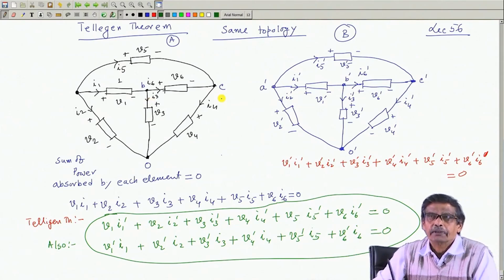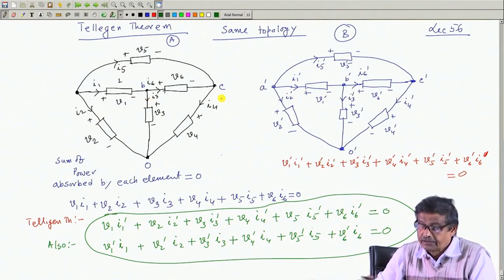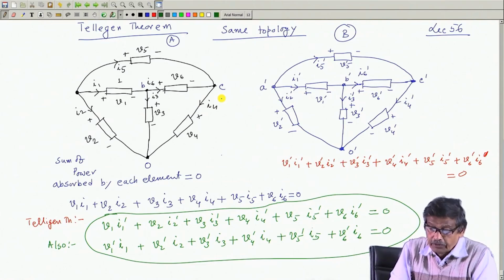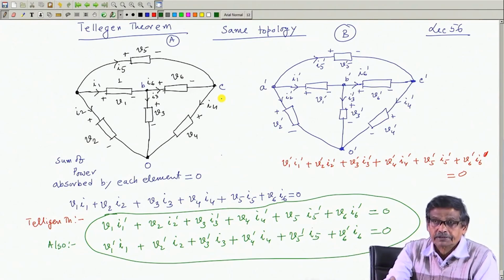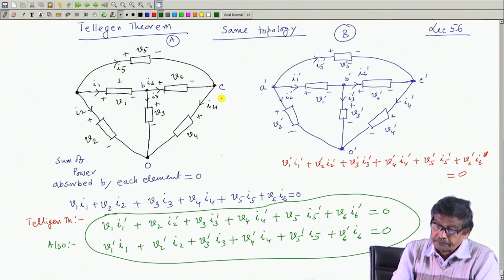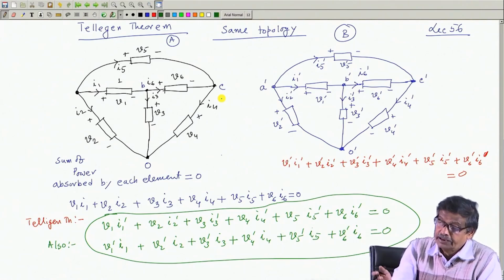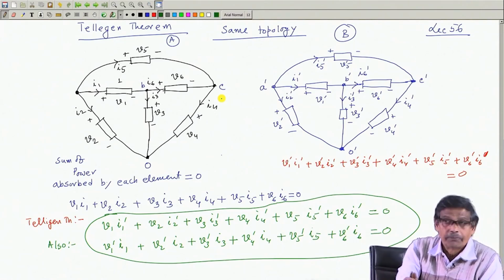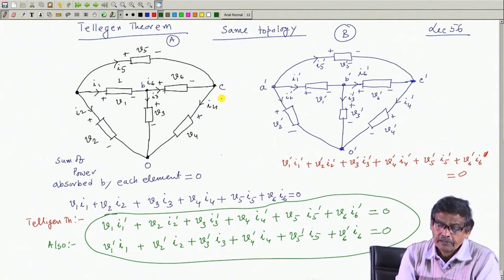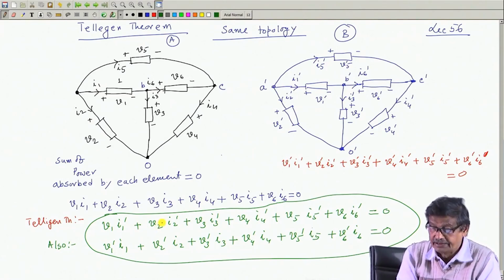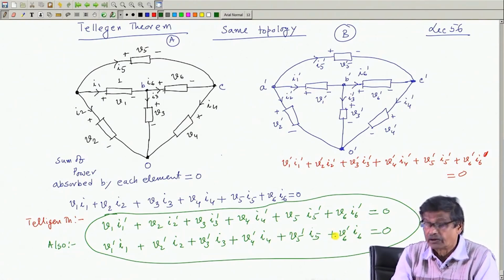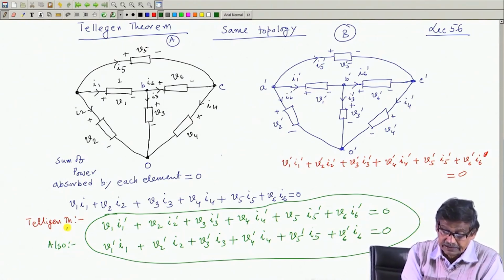Proof is very simple and elementary, nothing complex, but the statement of the theorem you have understood. Therefore, two networks having the same topology have to individually satisfy their own power balance equation, that was known. But in addition to that, these two equations are also true. This is Tellegen's theorem.